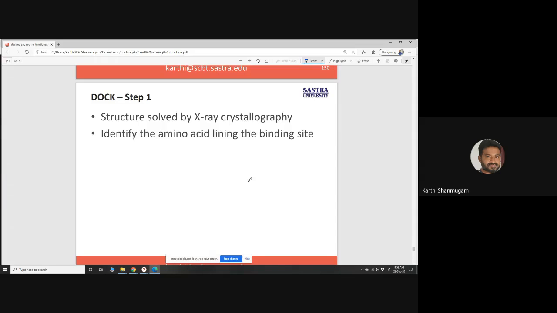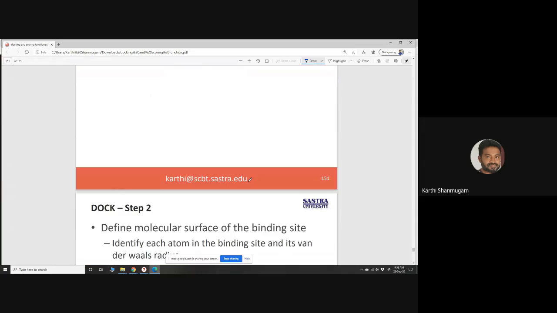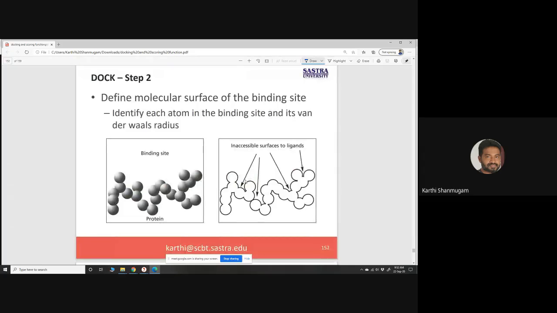So once you know where the binding site is present, you will have a very good idea about the amino acids which are lining that binding site. Each amino acid is made up of atoms, and each atom is spherically represented using the van der Waals radius.